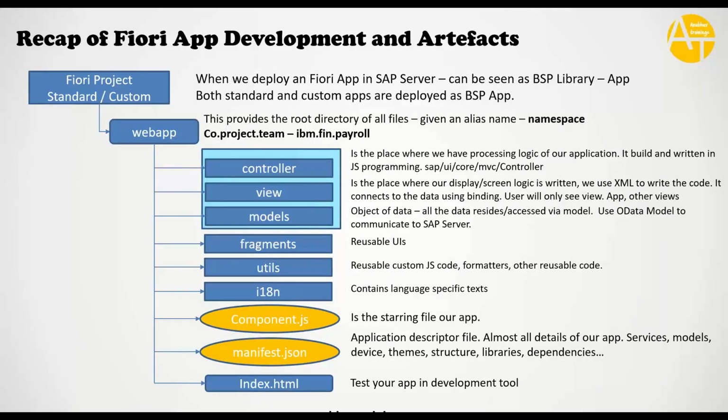Then we saw the skeleton of a Fiori application from our foundation training on UI5, how Fiori apps are structured. As a security consultant, it is quite important to know this structure because there are many times you as a security consultant are asked to find out the relevant service name or the relevant details about a Fiori app.